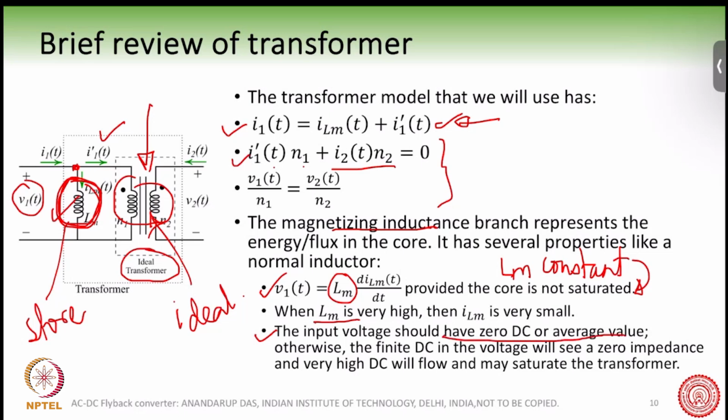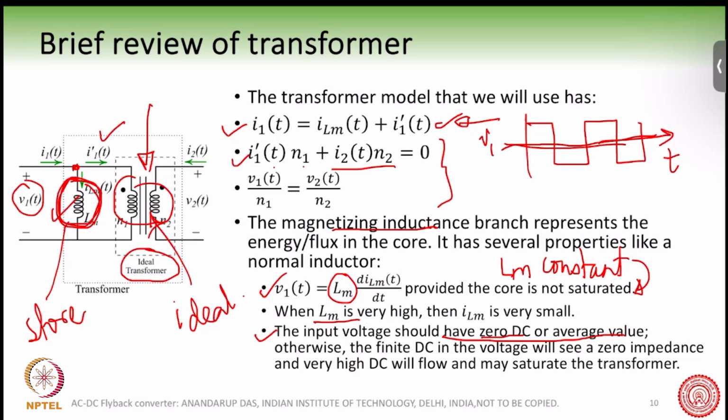Most of the time, in a DC-DC flyback, we will give V1 something like a square wave, like this. But remember that the square wave should have zero DC. So this is the V1(t), one of the things that you should note.